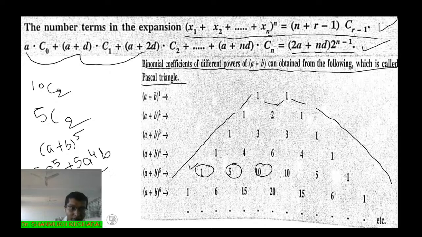See here 5, 4 plus 1 is 5, 3 plus 2 is 5, the total power will be constant. Next 10 a square b cube, next 5 a b raised to 4, next 1, it is b raised to 5. This is the binomial expansion of a plus b raised to 5.